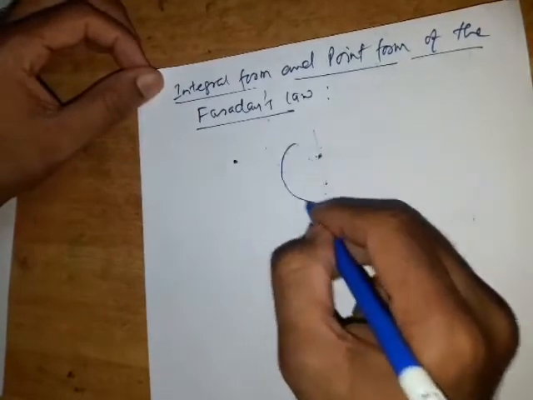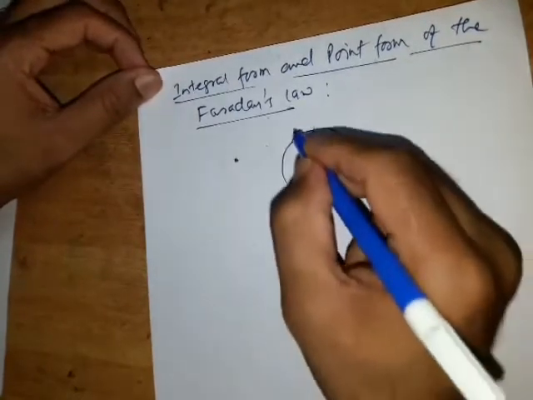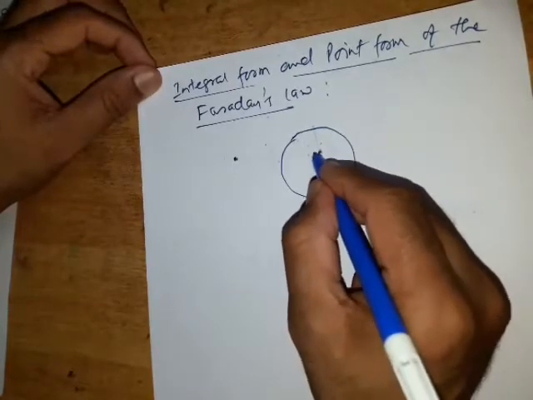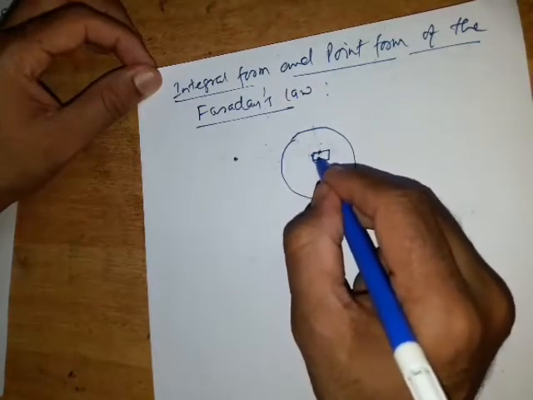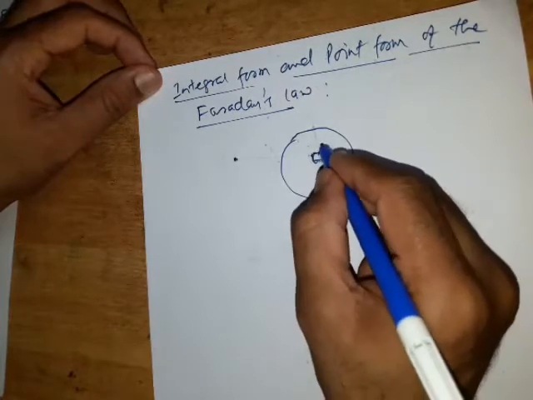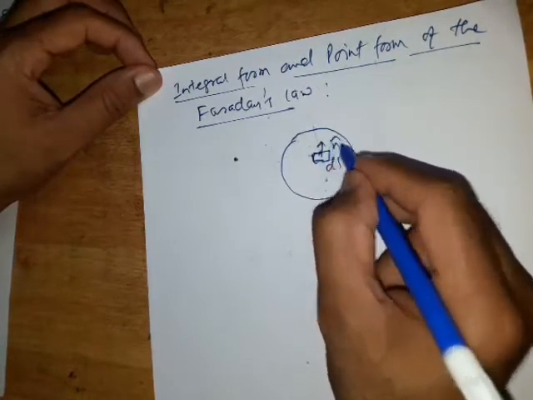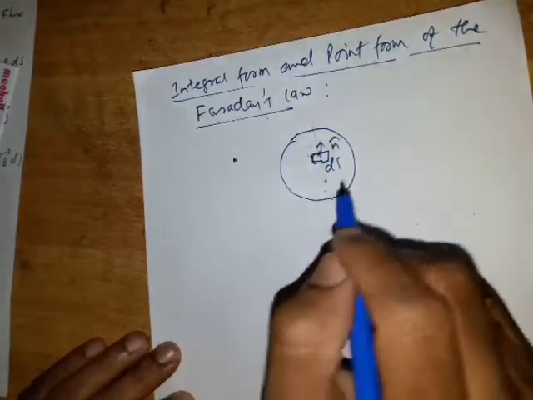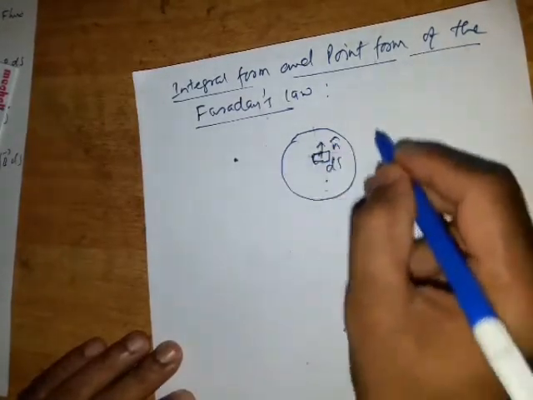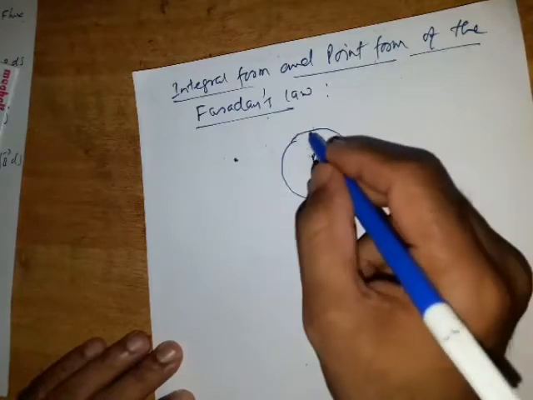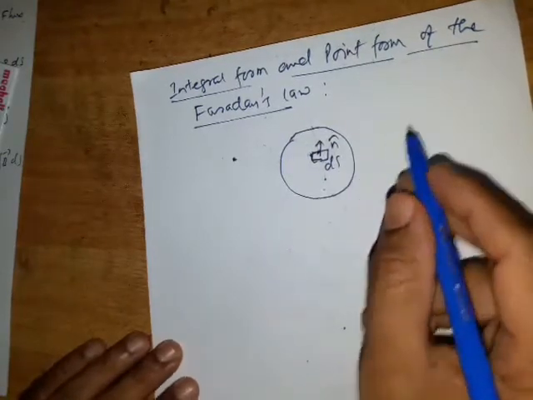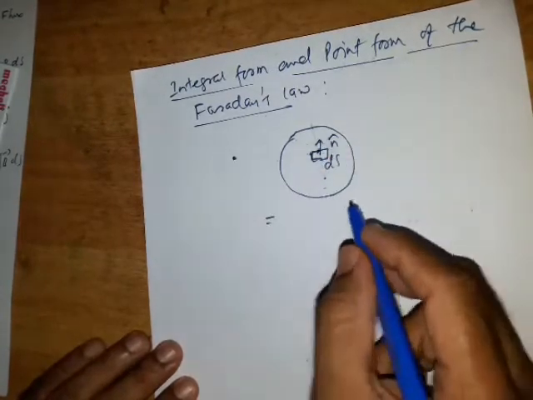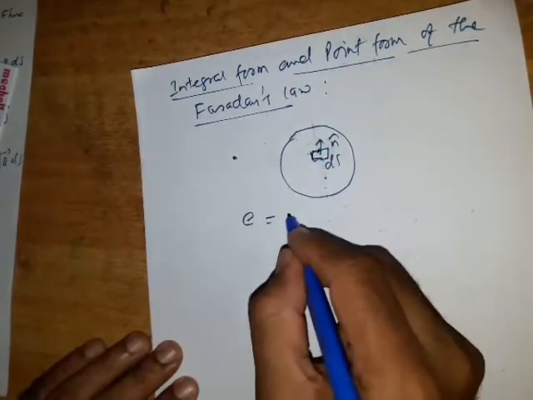Consider a circuit, a loop, where a change of flux is linked with it. Consider a small surface ds, and here n cap is a unit vector perpendicular to the surface, and imagine that there is a change of flux linked with this circuit. As a result, the EMF induced in this circuit is equal to minus d phi by dt.